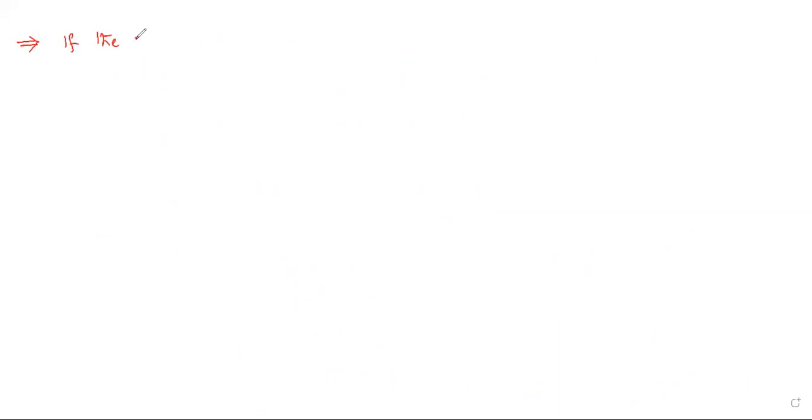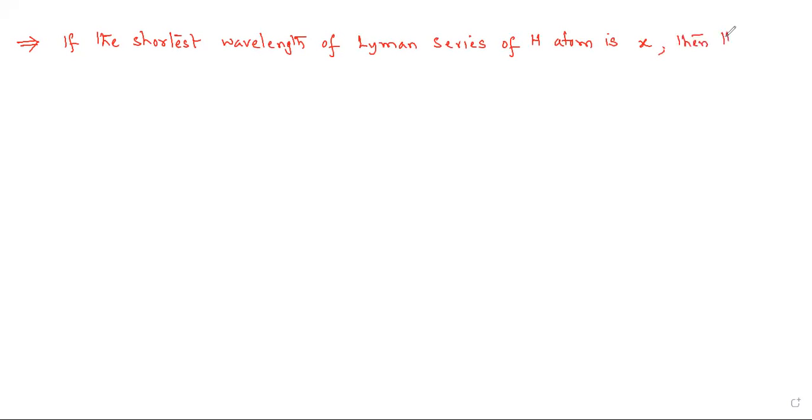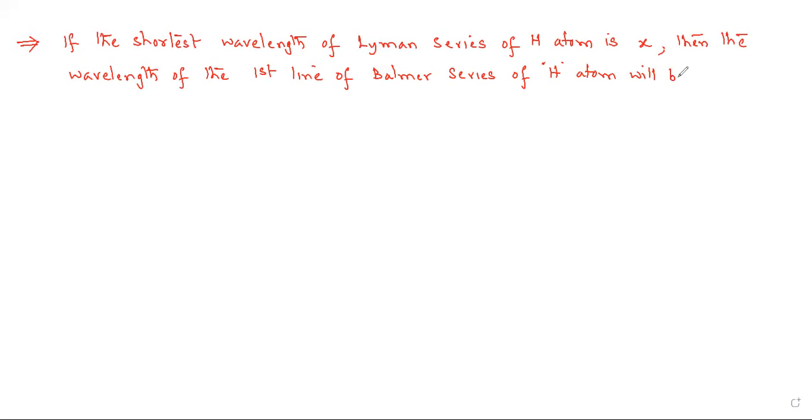If the shortest wavelength of Lyman series of a hydrogen atom is X, then the wavelength of the first line of Balmer series of hydrogen atom will be how much? So here there is an interesting point.